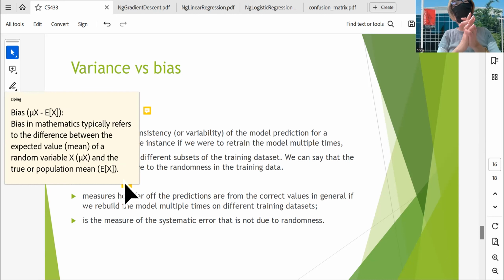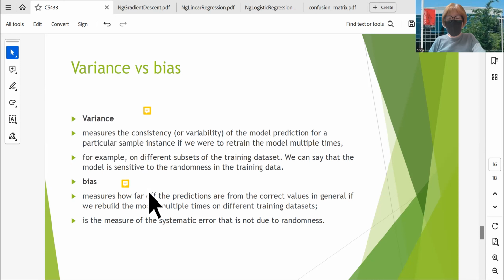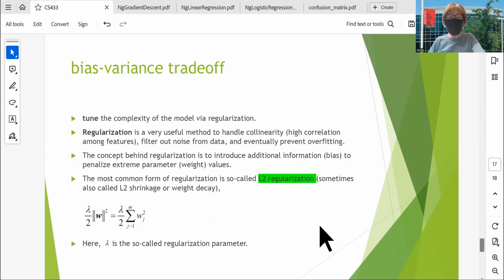Be careful about these two concepts. If variance is too high, that means overfitting is possible, and if bias is too high, that means underfitting.